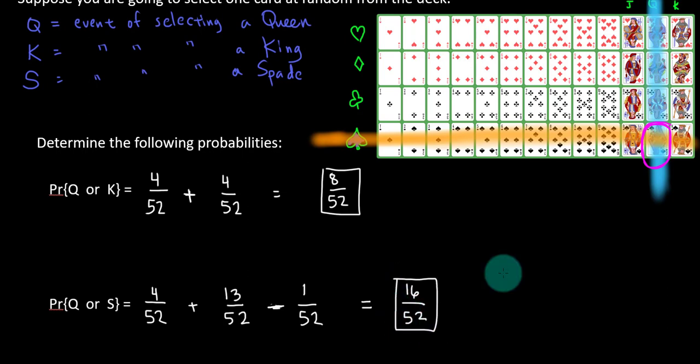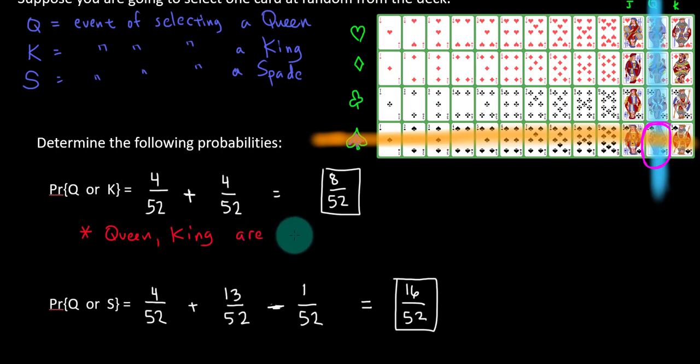Awesome. Let's annotate this just a little bit. A couple notes I would like to make are, how come there was no subtraction on this first quantity? Well, notice because queens and kings, are they mutually exclusive?